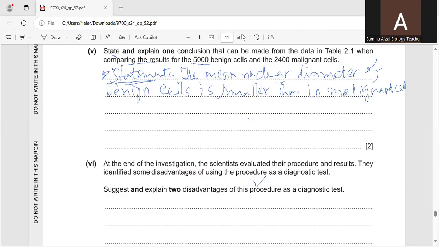So you can see the values are not overlapping.